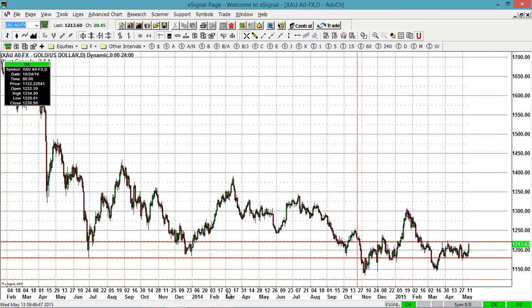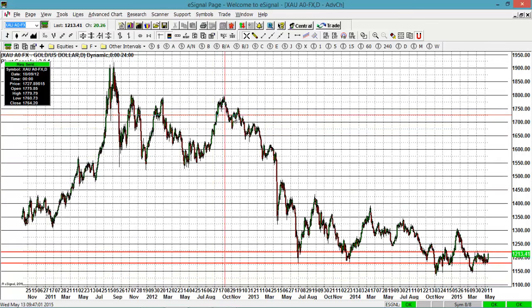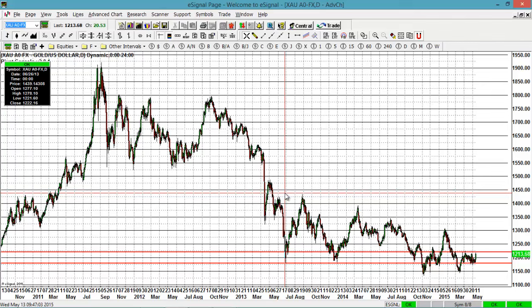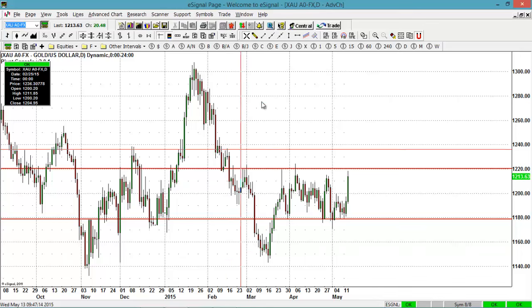I guess the questions are emailed in to see if this market is in a turnaround situation, because there are a lot of folks who have been long gold for the last 3 years and have seen significant declines on that investment. But as I said, a close above 1300 could signify a turnaround in the gold market.